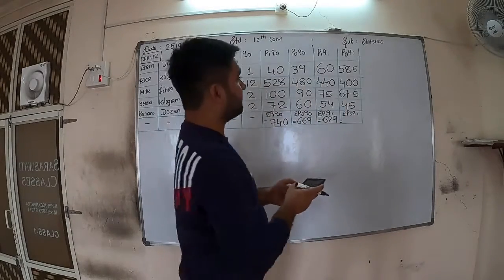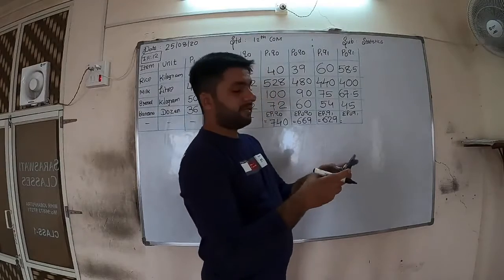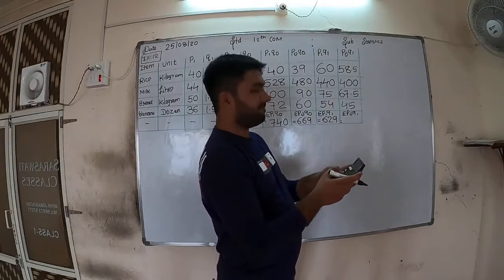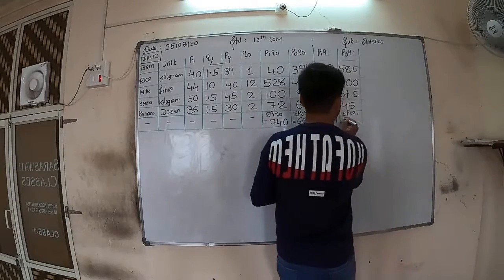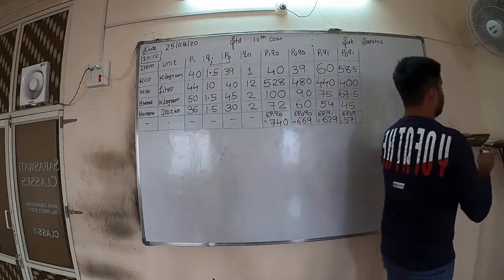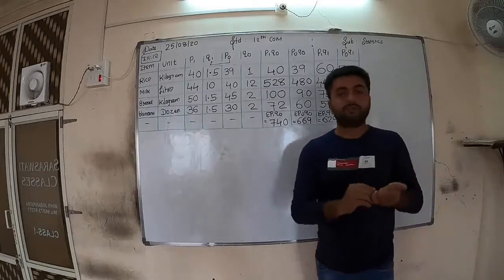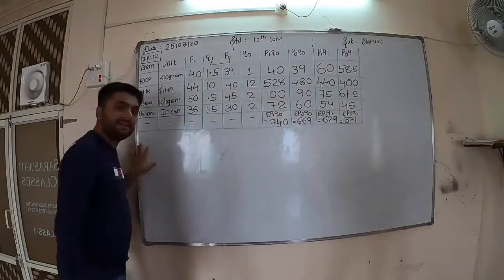So 58.5 plus 400 plus 67.5 plus 45 is 571. Okay, so what we have done, the columns are ready.